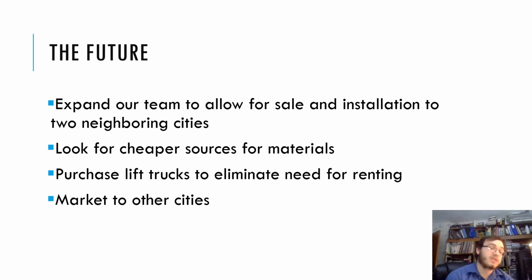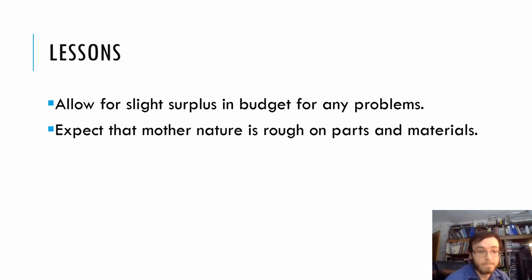We will purchase lift trucks to eliminate the need for renting them, as these costs were not significant upfront, but if we are going to continue doing this for other cities, it is necessary that we have our own lift trucks just to maintain a professional image. And we also have to market this to other cities after we complete the installation in the 2 cities.